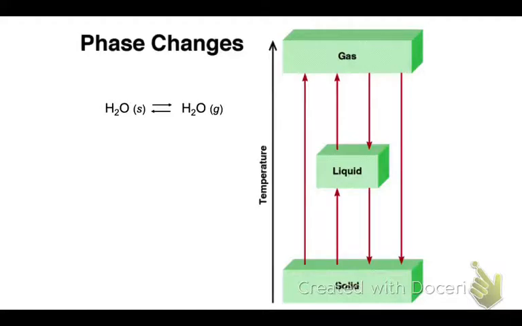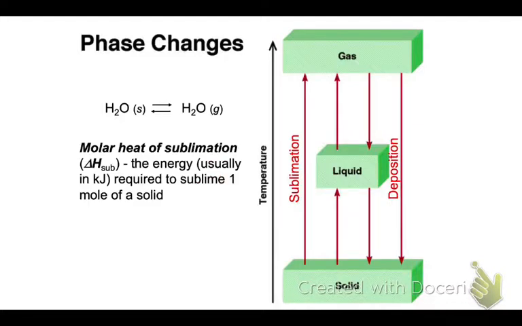Let's look at the next one here, which is going from solid to gas. We call this sublimation, and the opposite will be deposition. And the molar heat of sublimation is the energy in kilojoules normally required to sublime a mole of a solid. Now, heat of sublimation will equal heat of fusion plus heat of vaporization.